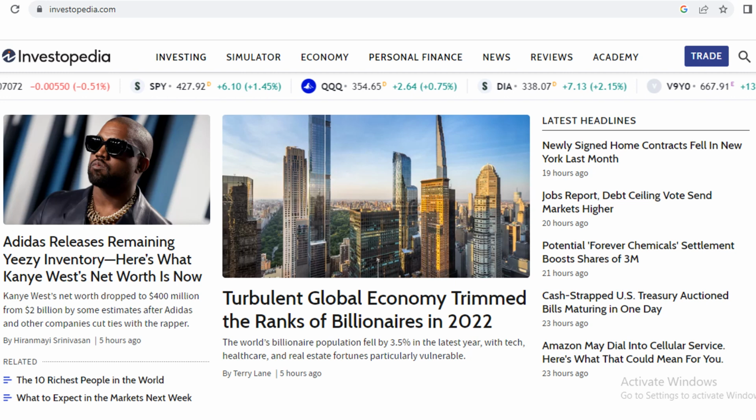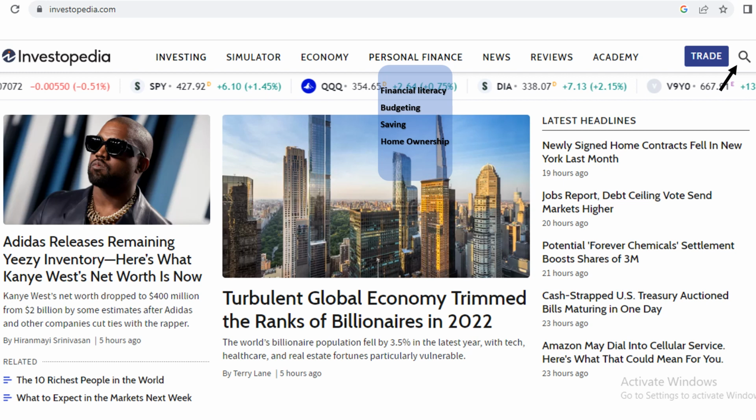First up, I have Investopedia. This website is very good when it comes to learning about money and how to be an investor. Whatever financial terms or words you come across and you want to know more, there's a search option. From there, we look at the personal finance tab. Here you'll find things like financial literacy, budgeting, saving, home ownership.